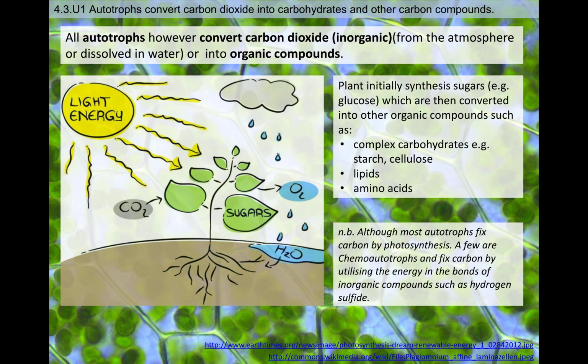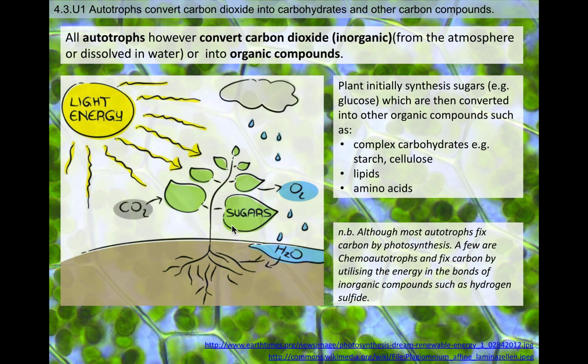So all autotrophs or producers are going to convert carbon dioxide, remember, which is inorganic, from the atmosphere or dissolved in water into organic compounds, so into sugars. So remember, plants do photosynthesis using light and CO2 from the atmosphere, so this would be a flux going into the plants, and they're going to produce sugar, C6H12O6.